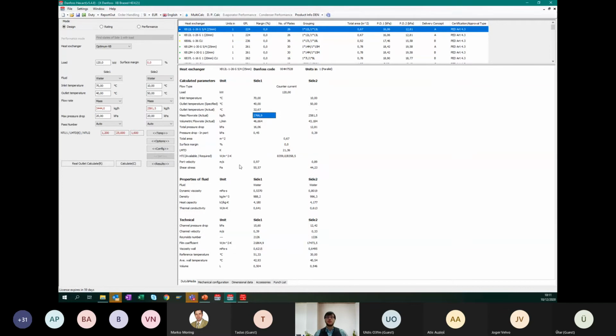So here, it's always important to make a selection in real outlet calculate to see how much your surface margin really impacts the selection of the welf. And proper selection of the welf on the primary side is increasing the whole reliability of the system, and also prolonging the lifetime of the heat exchanger. I will later on describe to you how this happens.